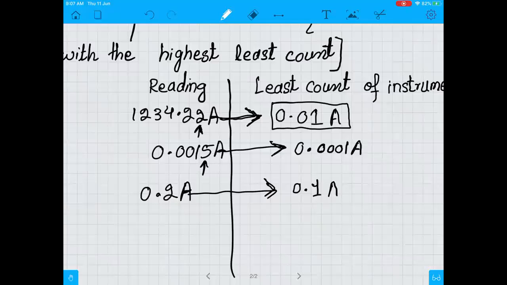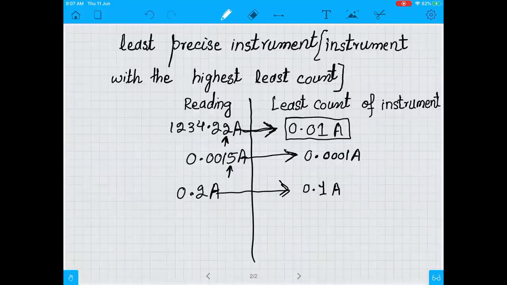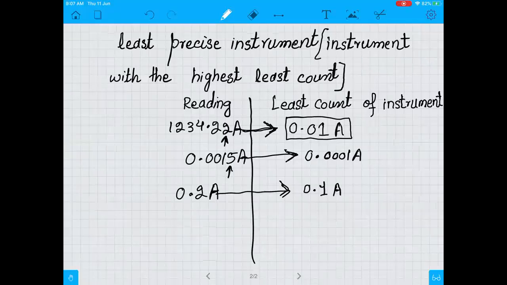Now, out of all these currents, which current is the most precise and which is the least precise? The most precise one is 0.0015 ampere. It has the smallest least count, so this reading has been taken from an instrument with the smallest least count.